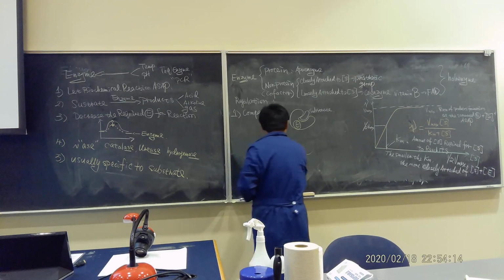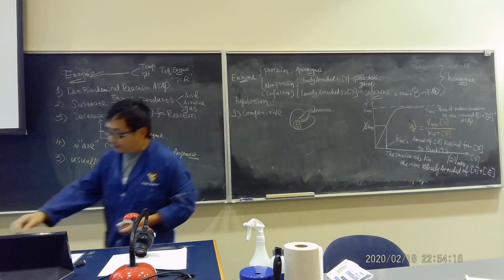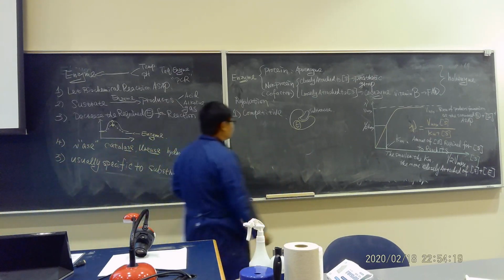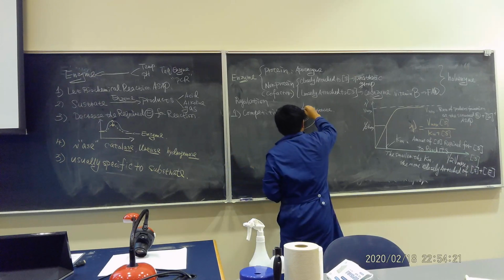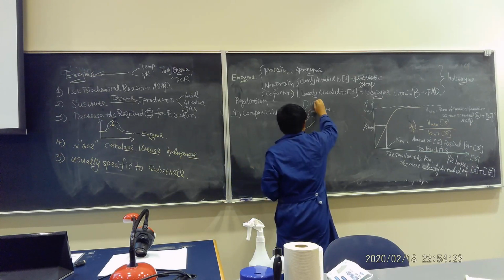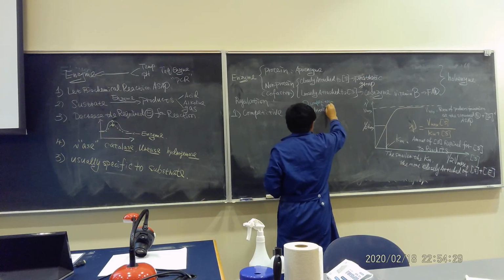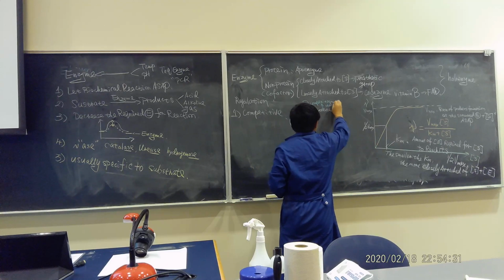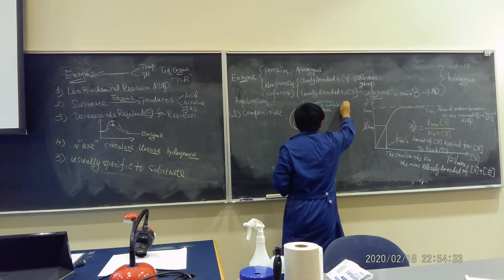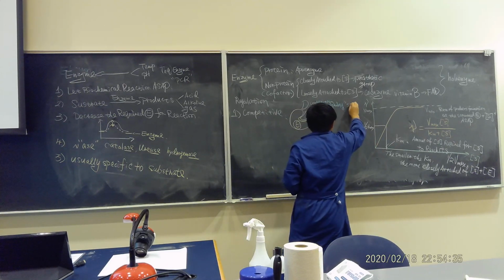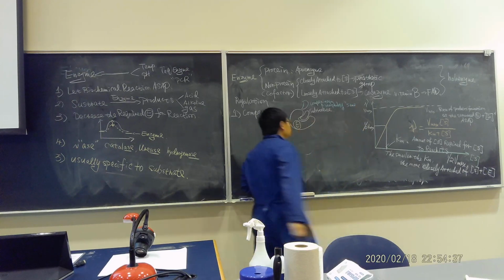I have a competitor, whose morphology is very similar to the substrate. This is going to be a competitor, and the substrate and competitor have the same or very similar morphology.